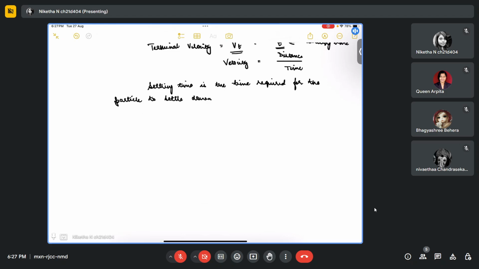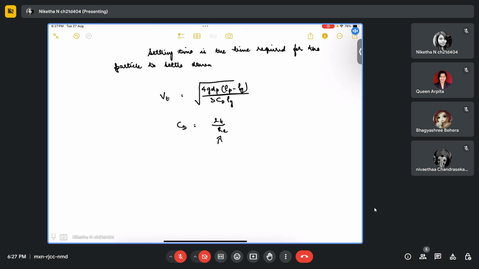Now using a balance of forces, we can arrive at the formula for settling velocity. Settling velocity is the square root of 4g into dp into (rho p minus rho g) divided by 3 into Cd into rho g. Now Cd is nothing but 24 by Re, where Re here is the Reynolds number.